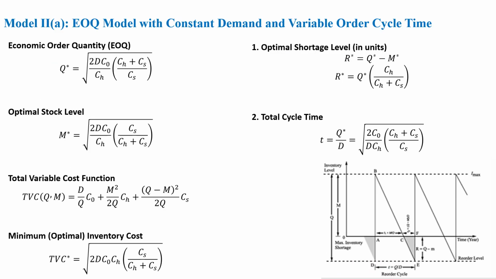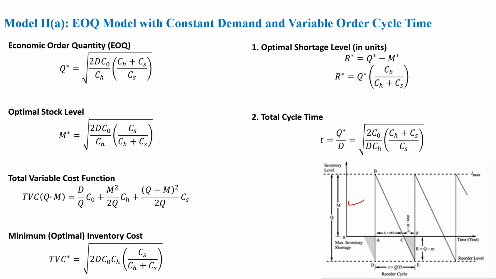And other formulas in this model: Q star, economic order quantity, equal to root of 2D C naught by CH into CH plus CS divided by CS. And optimal stock level, M star, equal to root of 2D C naught by CH into CS divided by CH plus CS.